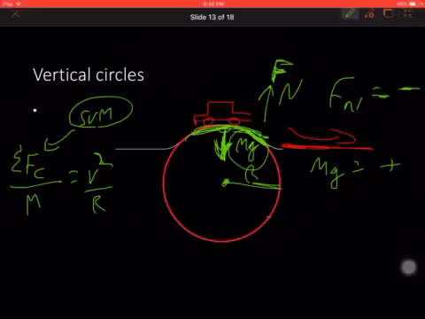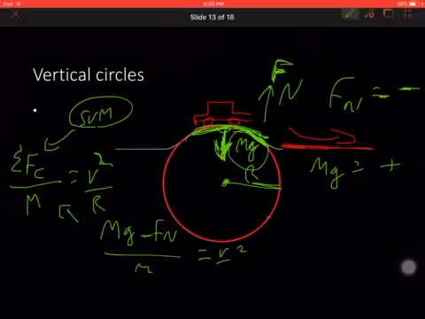So when you put it in this formula, you would say mg minus Fn over m equals v squared over r. And from here, you're going to isolate Fn to get your force normal. And that's going to be your answer.